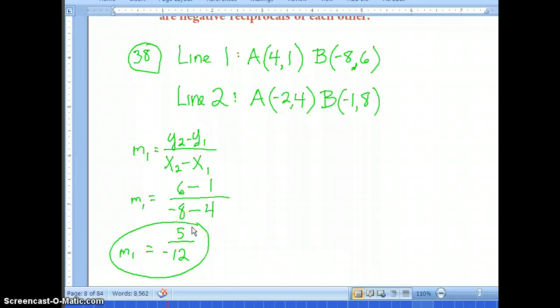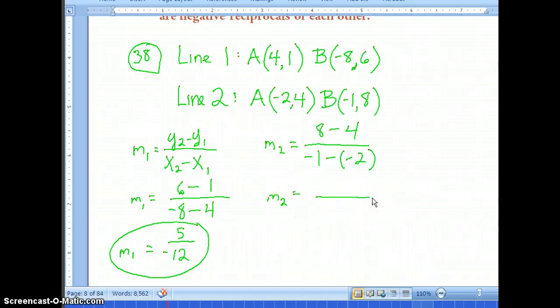And now when I do line 2, you only got to write the slope formula once in the problem. As long as I see y2 minus y1 over x2 minus x1, I know that's what you're using. I'm going to have point B be my second point. So y2 is 8 minus 4 for y1. x2 is -1 minus a -2. When I clean up the numerator, I get 4.